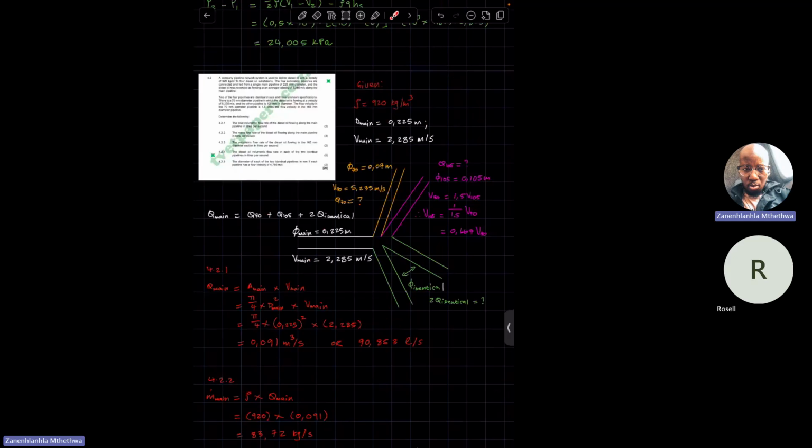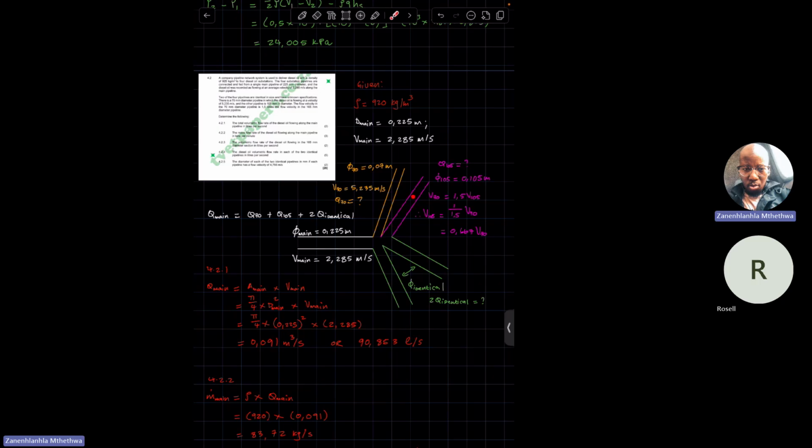4.2.3, calculate the volumetric flow rate of the diesel oil flowing in the 105 millimeter diameter section in liters per second. So now they want us to calculate the Q for this pipeline, so the 105.